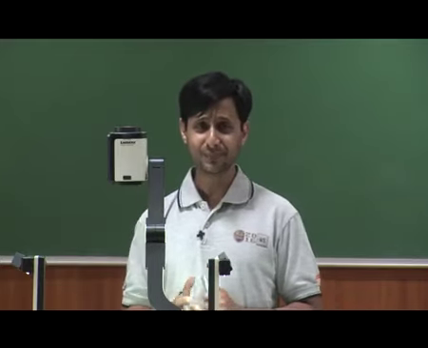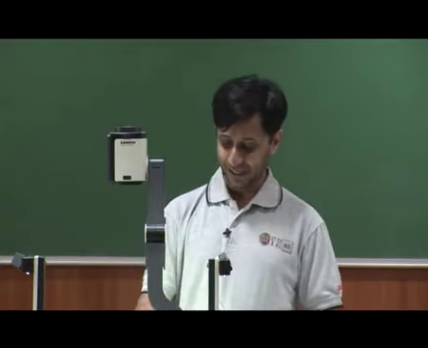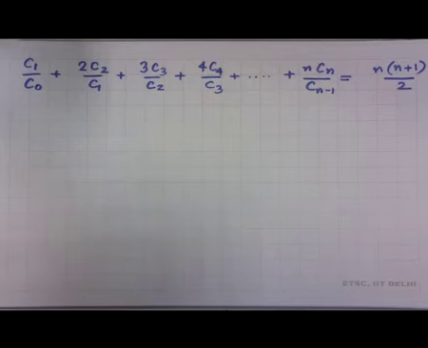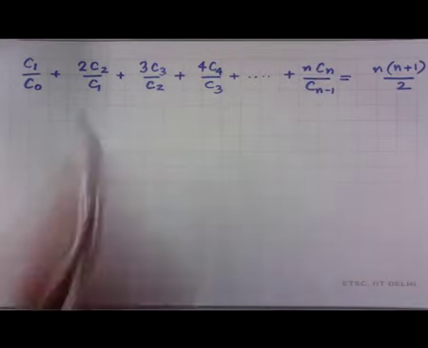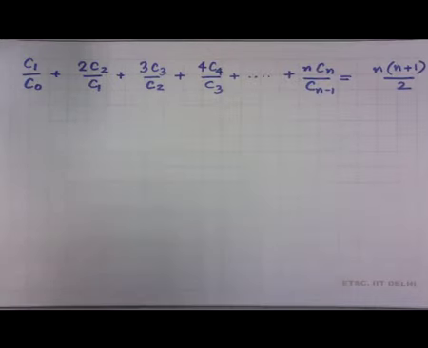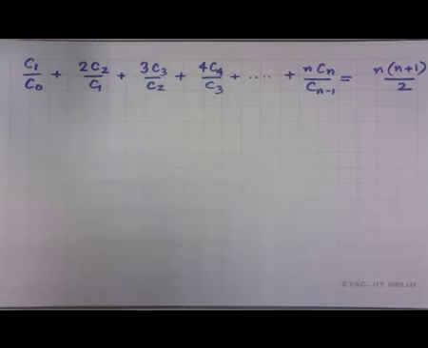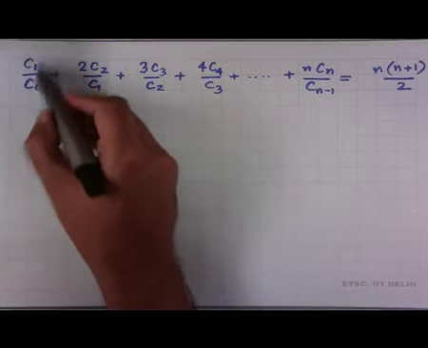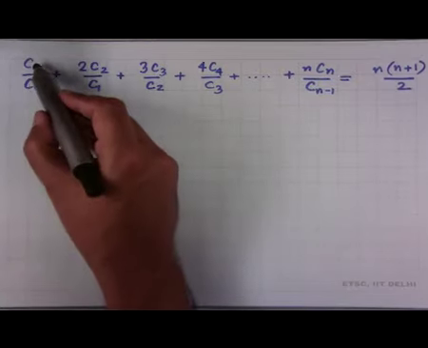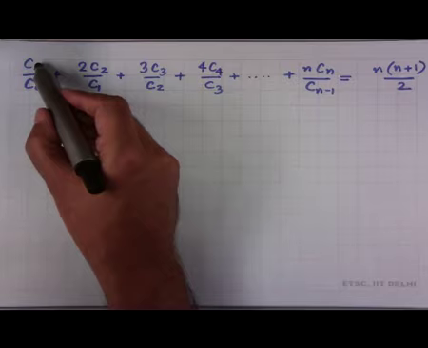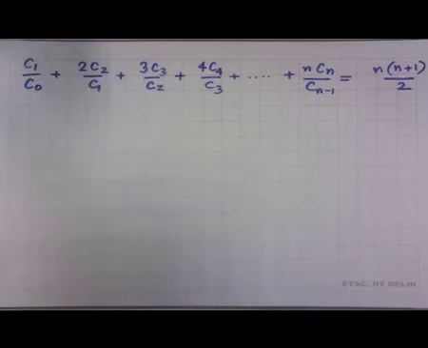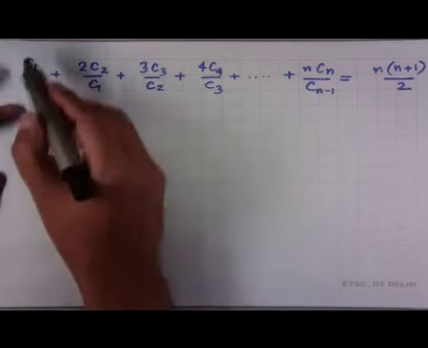Okay, let us try it out. C1 by C0, is it 1? Yes, it is. But C2 by C1 is not 1, is it? No, nC2 divided by nC1 is not 1. Sorry, correction, C1 by C0 is also not 1, C1 is n.